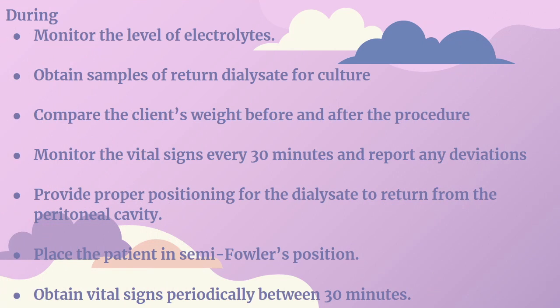During the procedure, monitor the level of electrolytes, obtain samples of return dialysate for culture, compare the client's weight before and after the procedure, monitor the vital signs every 30 minutes and report any deviations. Provide proper positioning for the dialysate to return from the peritoneal cavity.